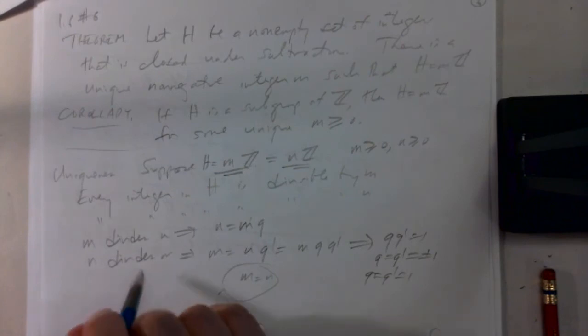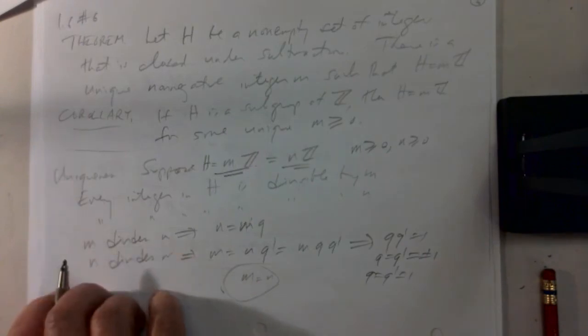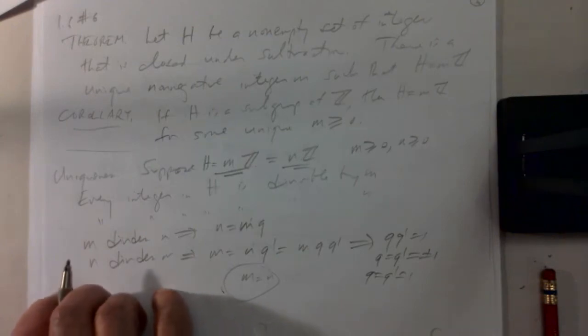So we were looking at cases where we would have, let's say, 2Z, and then a subgroup of that would be 4Z. And so that's not a unique number there. Well, wait, no. For the subgroup 2Z, the unique number is 2.